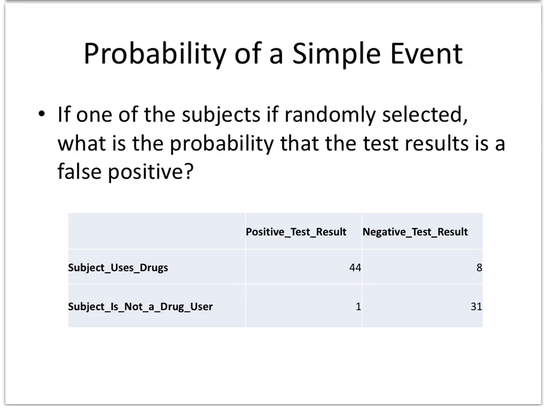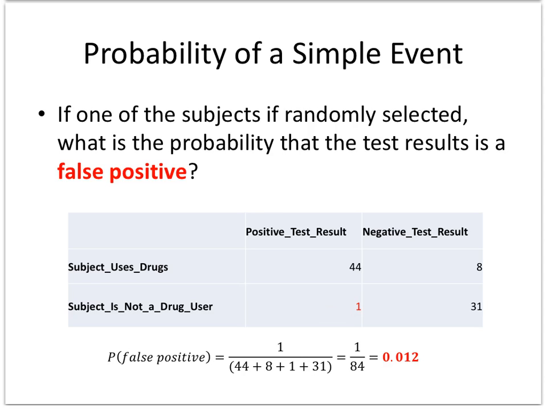Alright, if one of the subjects is randomly selected, what is the probability that the test results in a false positive? A false positive would be when the subject is not a drug user but the test resulted and said they were.